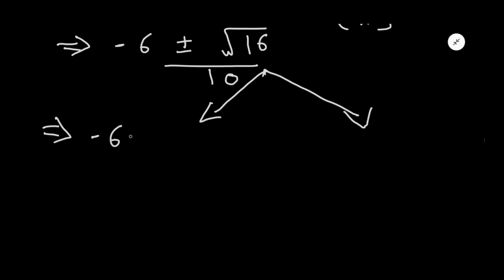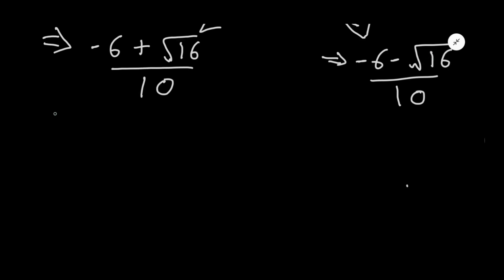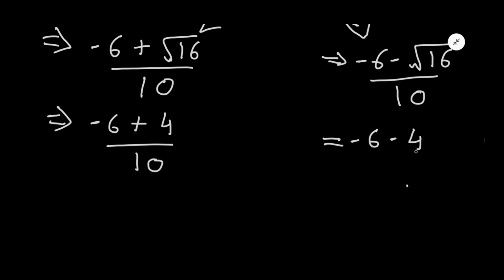First is minus 6 plus under root 16 upon 10. The other one is minus 6 minus under root 16 upon 10. Here, as we know, the square root of 16 is 4. So minus 6 plus 4 upon 10, and here minus 6 minus 4 upon 10.